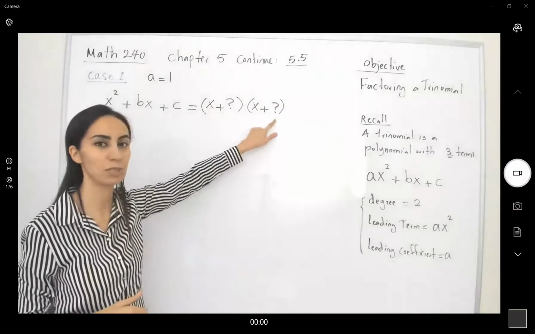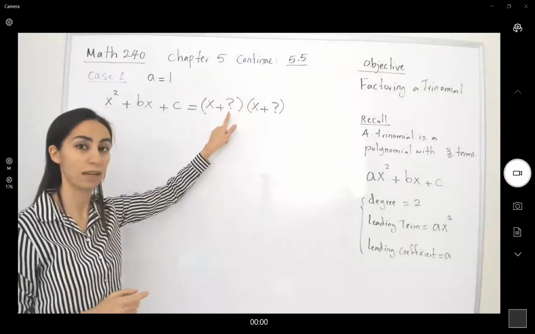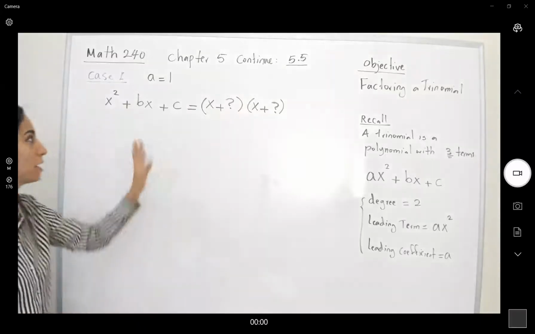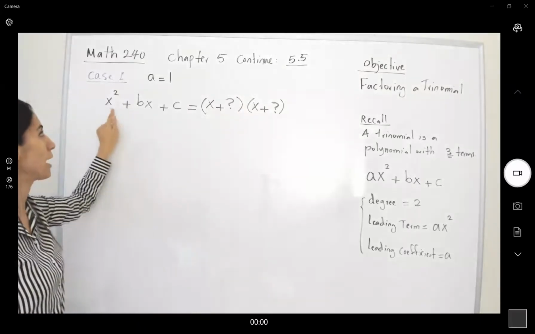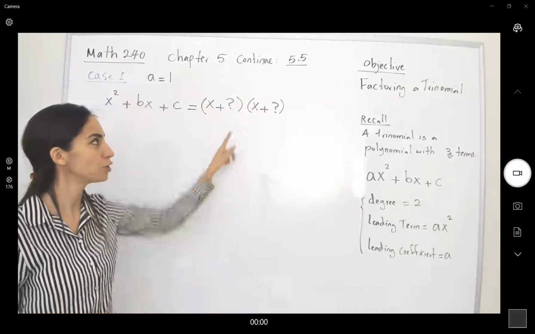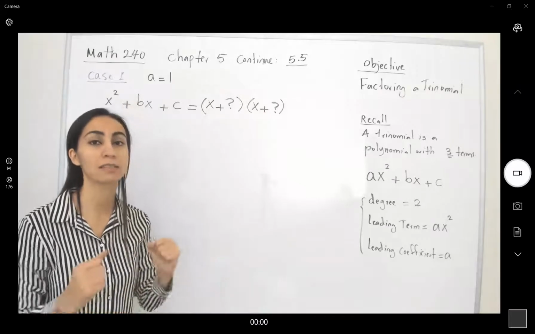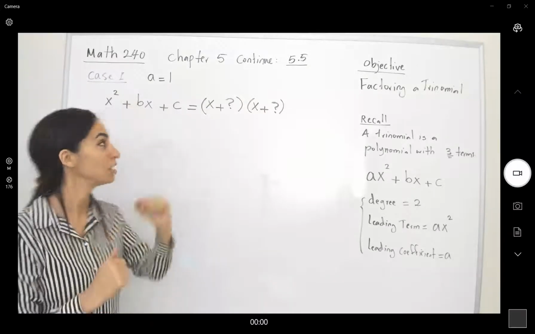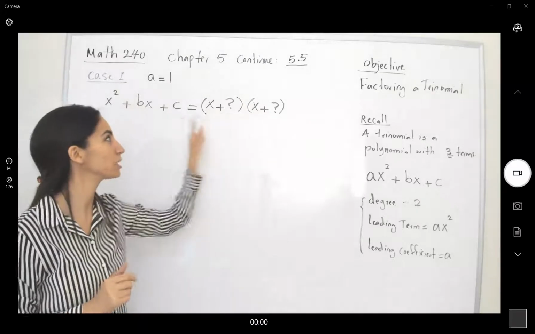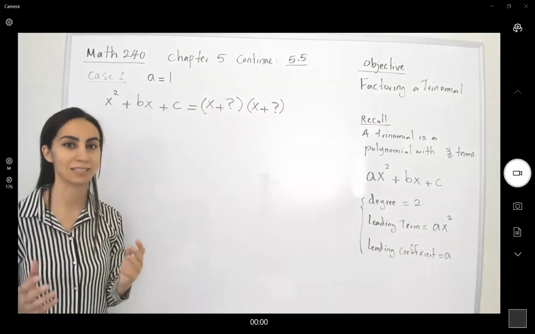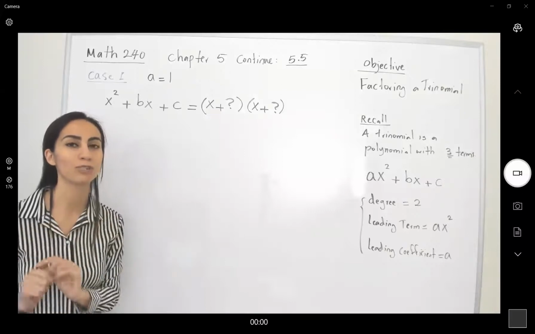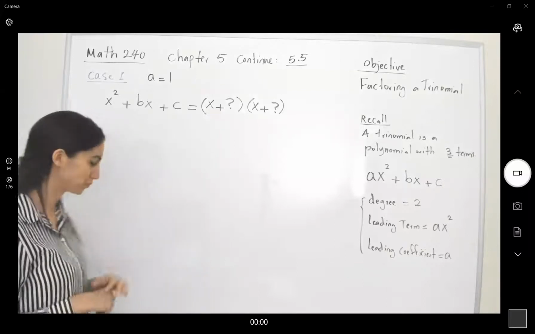X times the number plus x times another number plus that number times the last number is equivalent to x squared plus bx plus c. So you're looking for 2 numbers whose sum is equal to b, and whose multiplication is equal to c. So we have to do a little bit of algebra and try to find those 2 numbers.